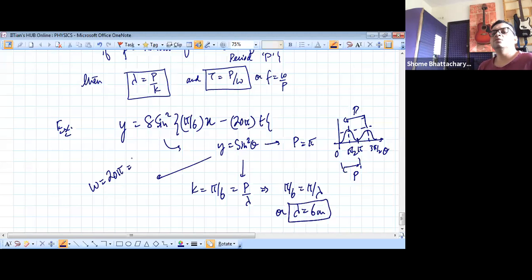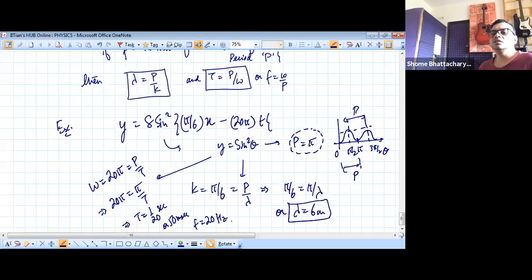Now that should be equal to pi by time period. So 20 pi should be equal to the fundamental period, which is pi, divided by time period. So your time period is 1/20th of a second, or 50 milliseconds, or your frequency is 20 hertz. So this is all coming from the fact that the sine square function has a fundamental period of pi.